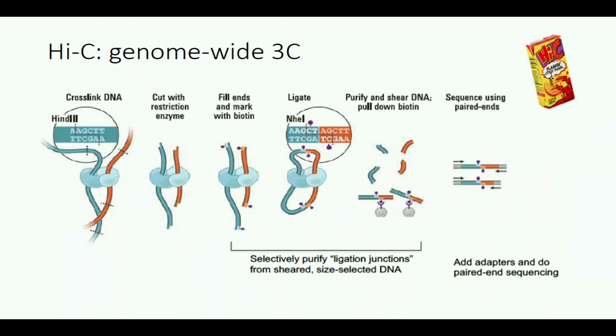Of course, not the fruit punch, but I think as famous as the fruit punch. Basically, you try to increase the throughput of the assay such that we can do this all-to-all. Instead of focusing on only a small region of the chromosome, we can study the entire universe of chromosomes in the nucleus and study their interactions.